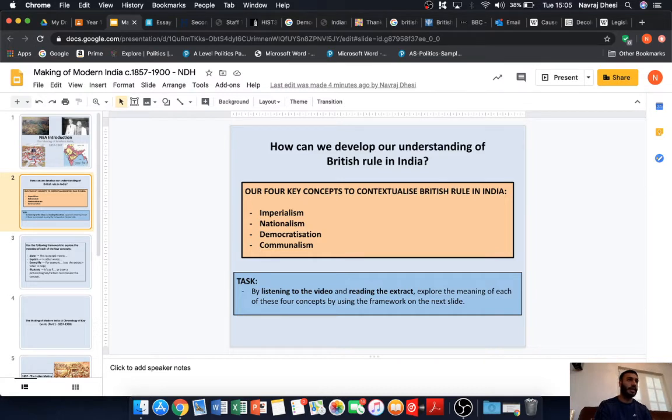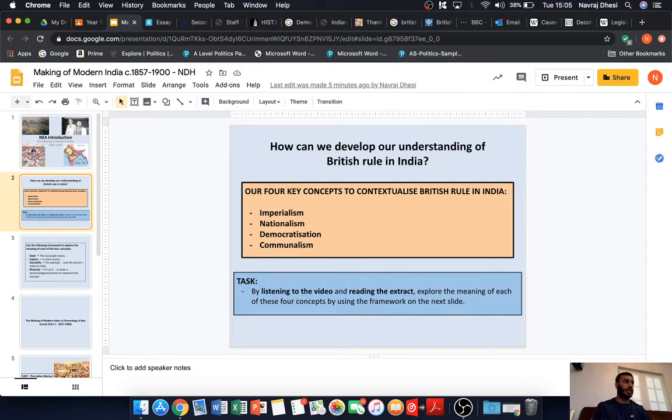Okay, the first is economic imperialism, and that is the British desire to expand their economic interest in South Asia and seek gains for the benefit of their own country, okay. So their purpose in invading India is to seek economic benefits, to economically exploit India for their own benefit.